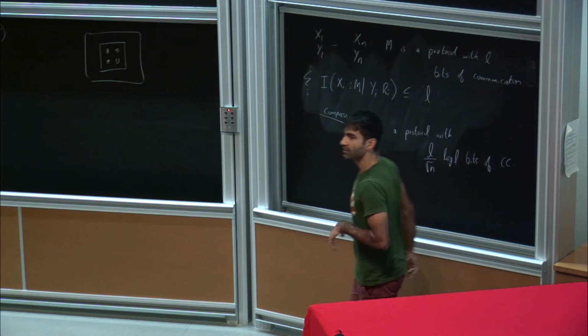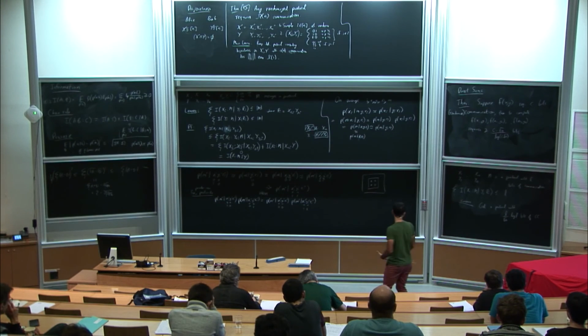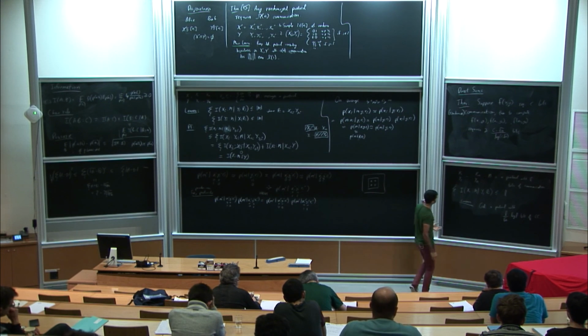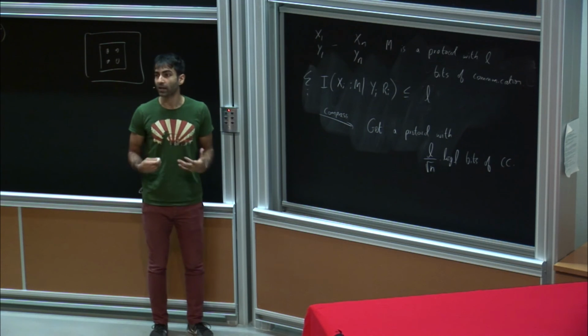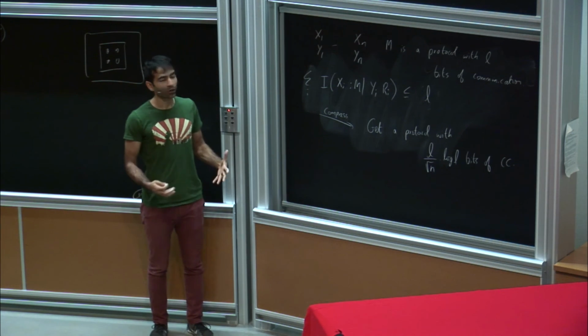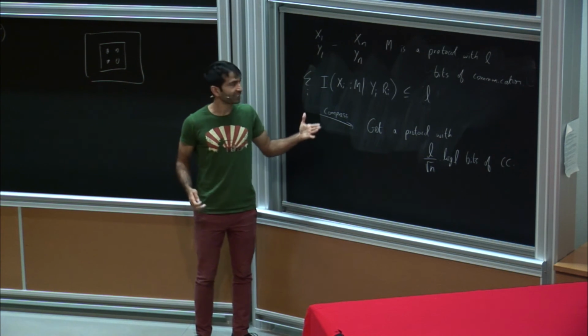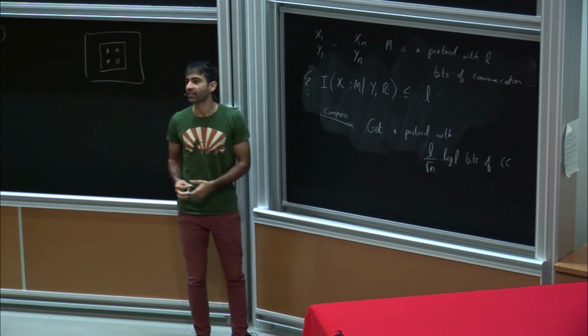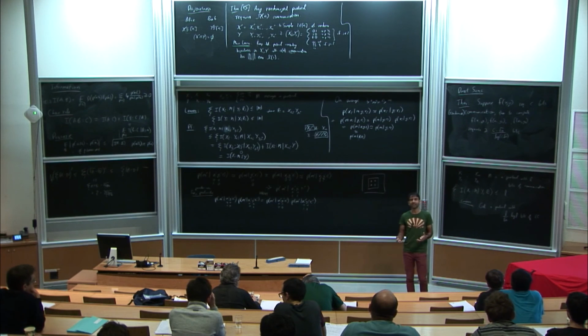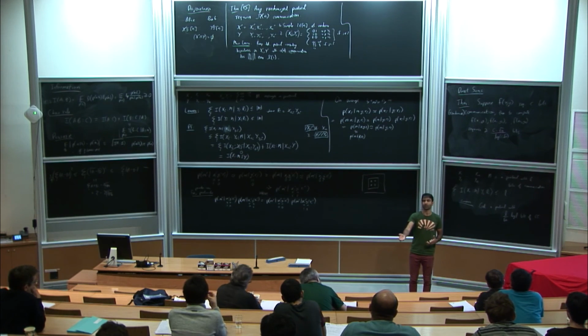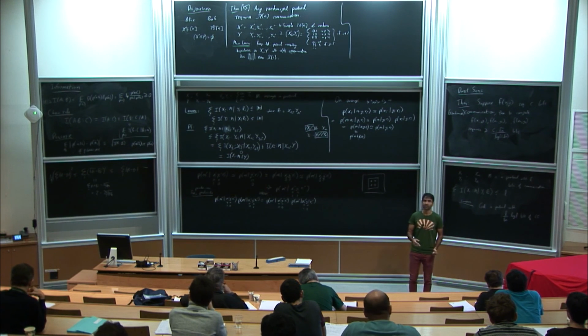Okay. So in general, what we do is we discuss the problem of compressing protocols. For any protocol, you can talk about the information of the protocol, which is exactly the quantity that you see here. It's the amount of information that Alice learns about Bob's input and Bob learns about Alice's input when they take part in the protocol.